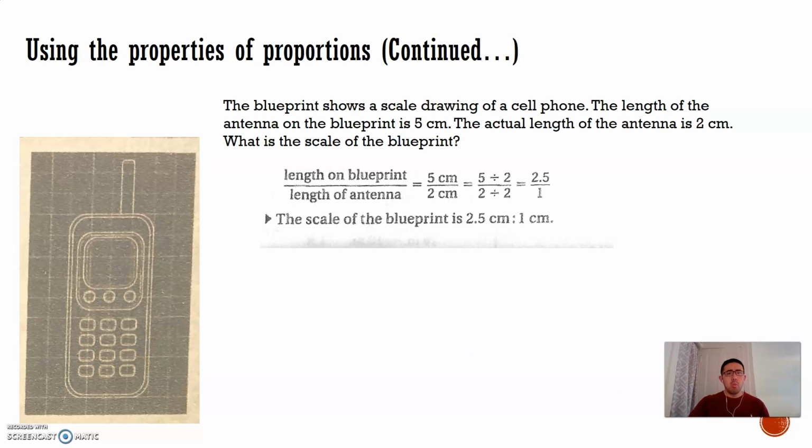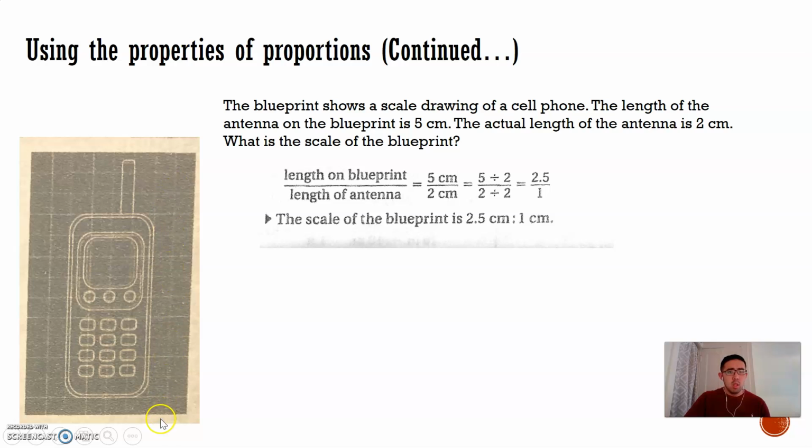I forgot. There are a couple more problems. My bad. So, the blueprint shows a scale drawing of a cell phone. The length of the antenna on the blueprint is 5 centimeters. The actual length of the antenna is 2 centimeters. What is the scale of the blueprint? So when I look at this, the length on the blueprint is 5 centimeters.